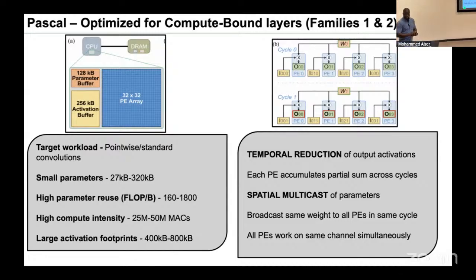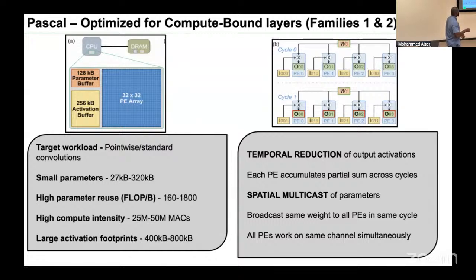To explain the data flow for Pascal itself, this data flow is one of the key design principles for the engine, because it allows us to understand how data flows in Pascal and what makes it more efficient. The weights are distributed across all the processing elements simultaneously and held in the processing elements.